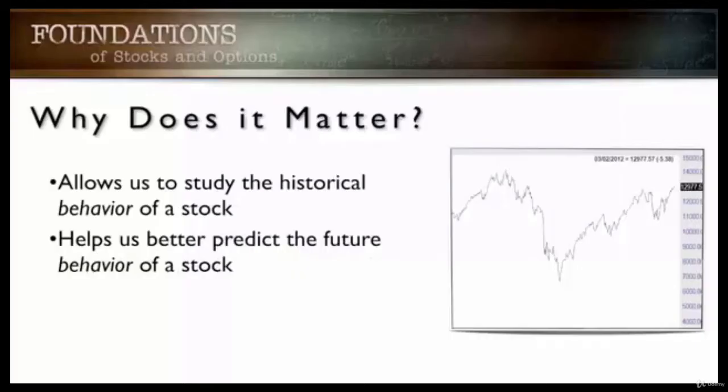This does not mean that if a stock went up 50% last year, it's going to go up 50% next year. That's historical performance being indicative of future performance. But what we can say is if a stock tends to find buying pressure here or tends to find selling pressure over there, then oftentimes that behavior will be repeated in the future. And so that's what the stock chart study allows us to look at.